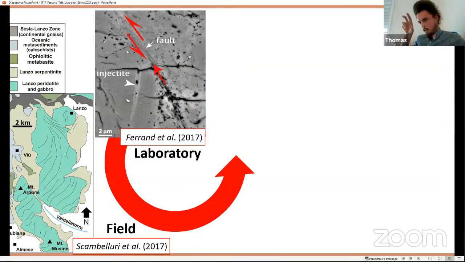And they found pseudotachylytes inside the peridotite and gabbros, and no connection with the ductile material around.